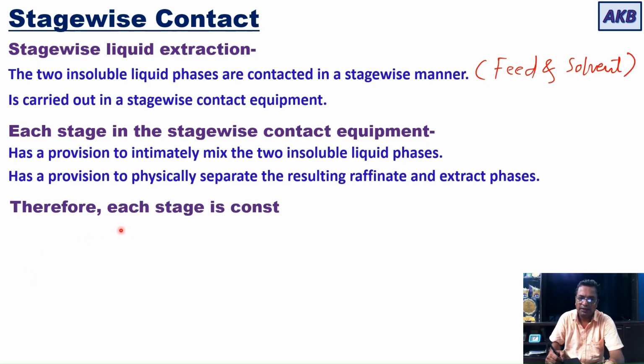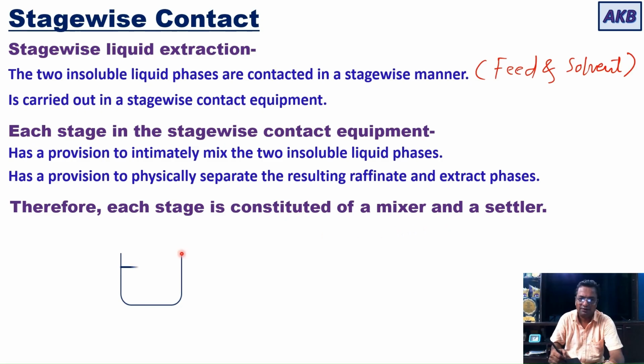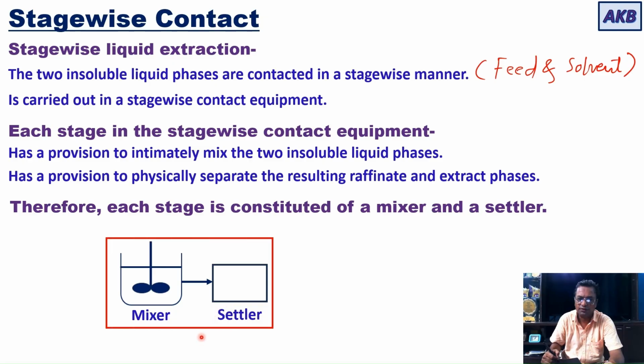Therefore, each stage is constituted of two equipment. One is the mixer and the other one is the settler. So you have a mixer which is followed by a settler, and the combination of these two forms one stage. Feed is admitted to this stage, solvent is admitted to this stage.